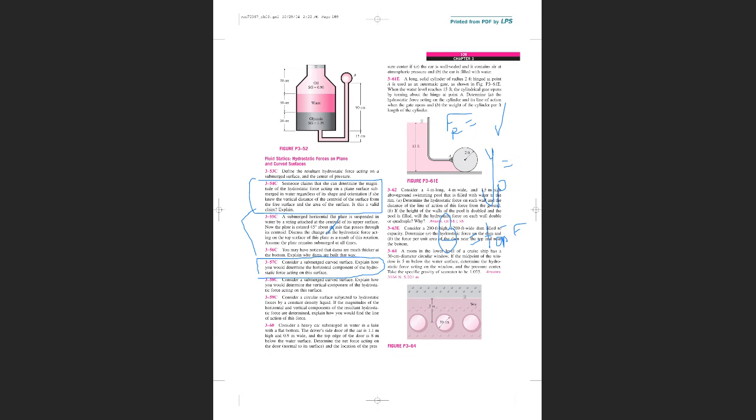FV over FH. So basically, the resultant force for both a plane and a curved surface, YP for a plane surface and theta for a curved surface, you need to know how to derive them from first principles, and how to calculate them.